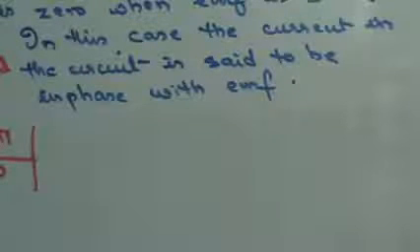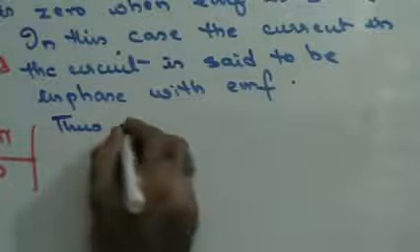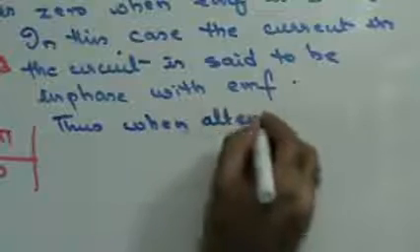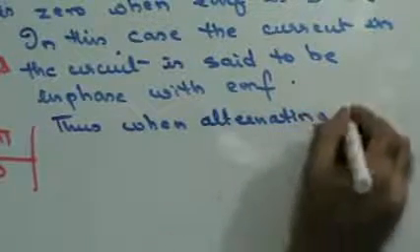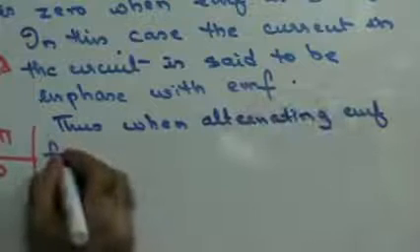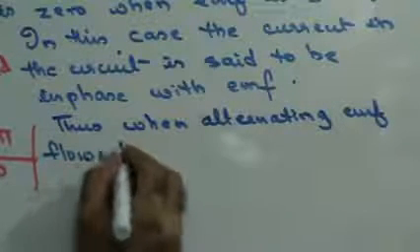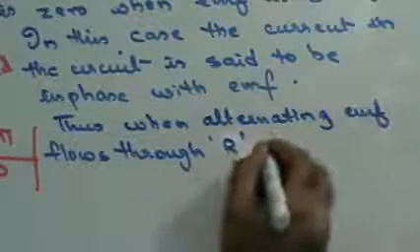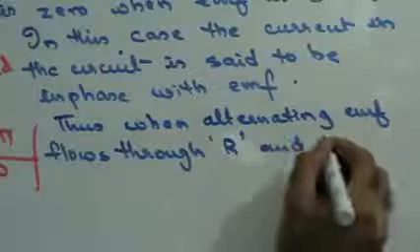The maximum value of the current is called the peak value of current, which we have already found, I0, which is nothing but E0 upon R. Thus, when an alternating EMF is applied through the external resistance R, an alternating current is induced.